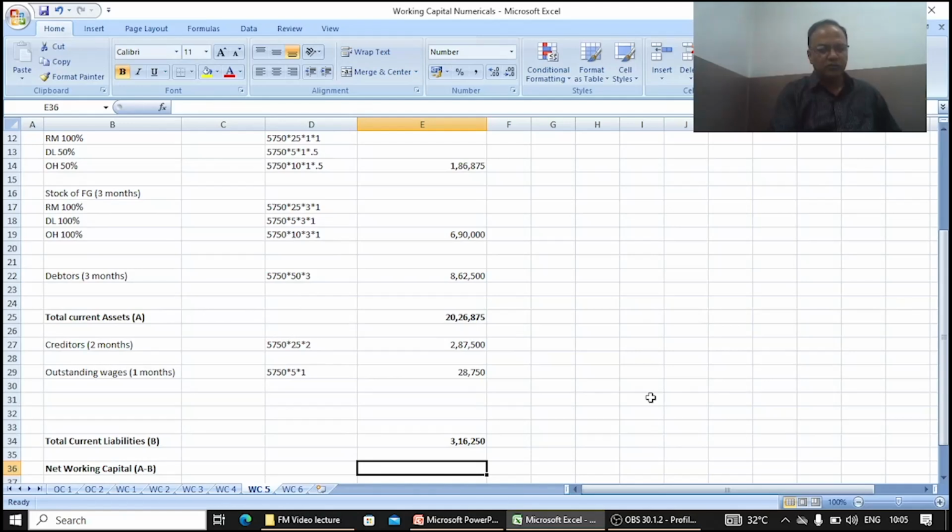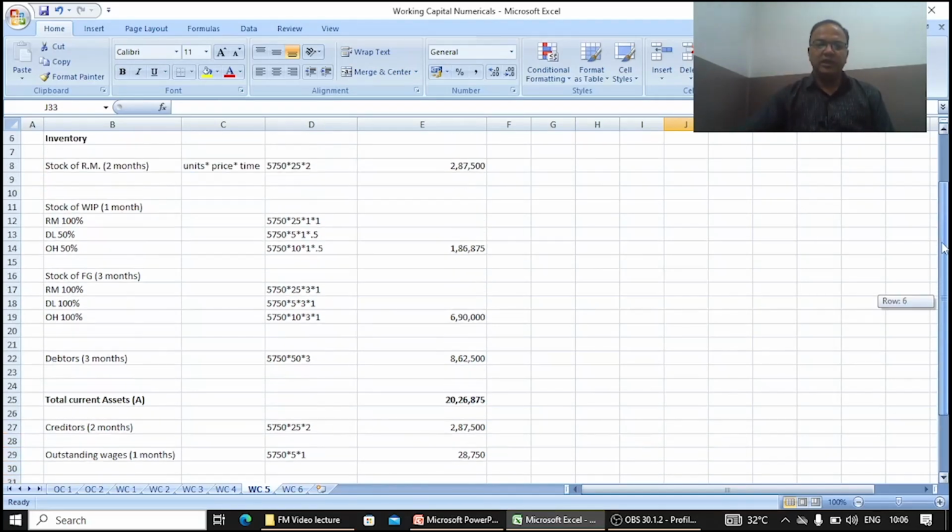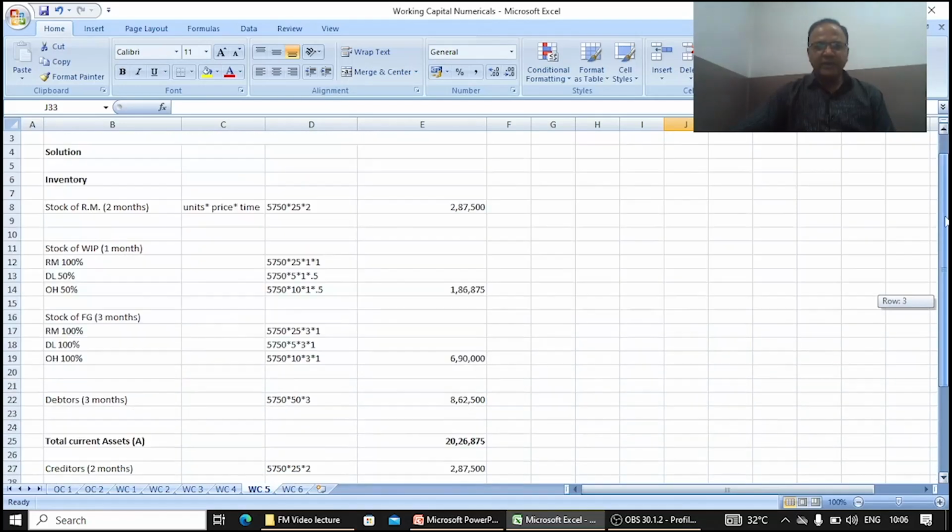Now deduct this from current assets, 2026875. Now the resultant figure is 1710625. This is net working capital. So I think it should be very much clear to all of you.